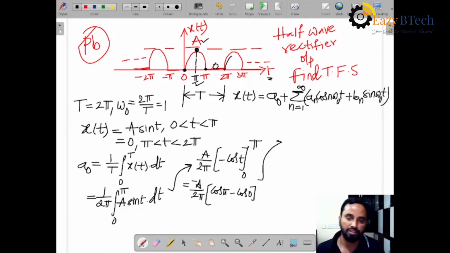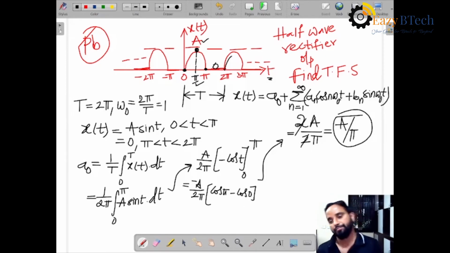So this value is cos pi value minus 1, cos 0 is 1, so minus 2. Again outside we have minus, so it becomes 2a by 2 pi. The 2 gets cancelled, a by pi. This is the a naught value. What is the a naught value? Average value a by pi. Let's go to an.